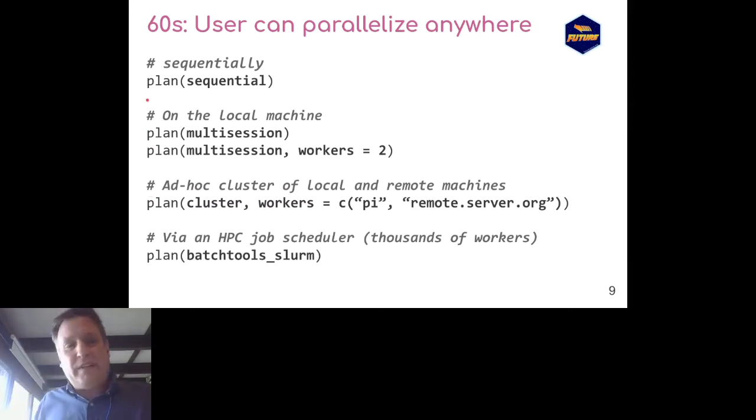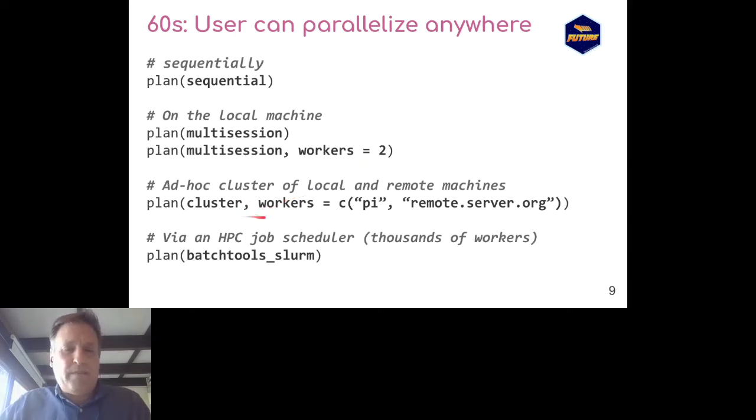Some might say, I want to run your code sequentially, or I want to use all the cores on my machine, or I want to use 2 parallel workers on my local machine. Another user might have access to both local and remote machines. As long as you have SSH access to these machines and they have R installed, you can use this approach.